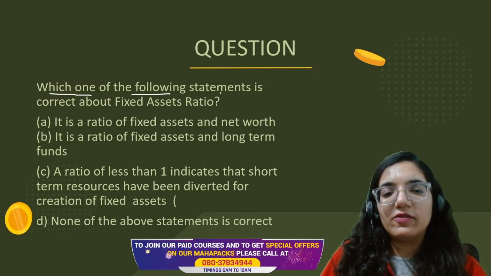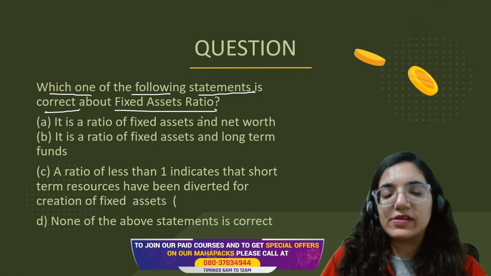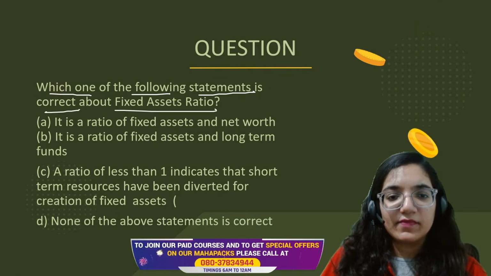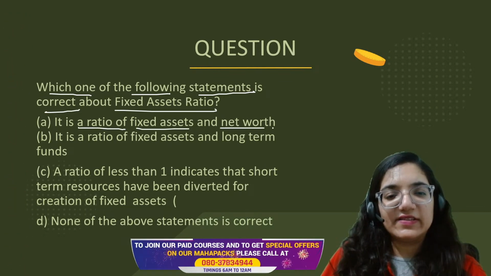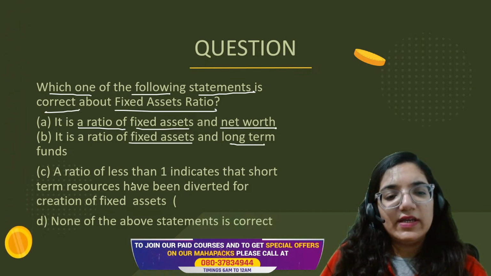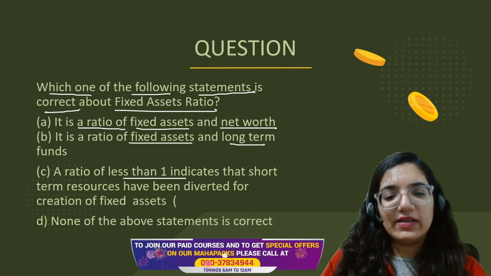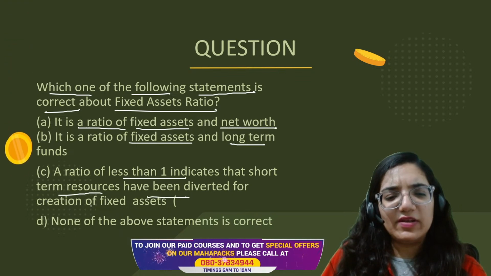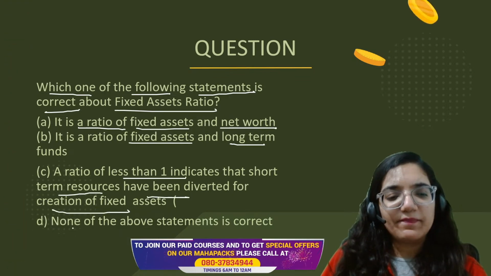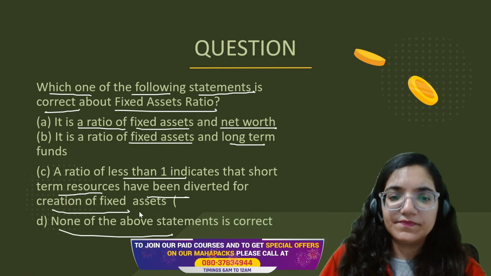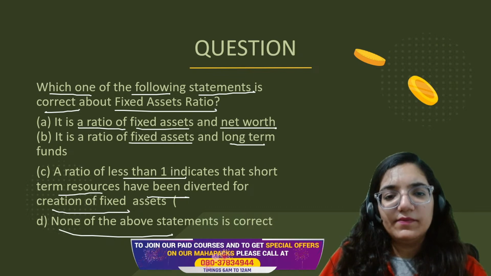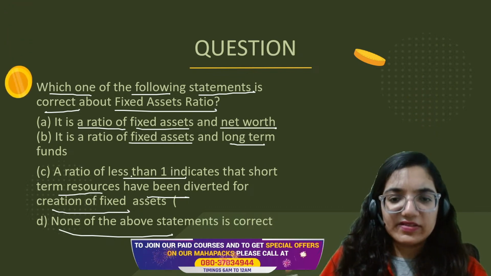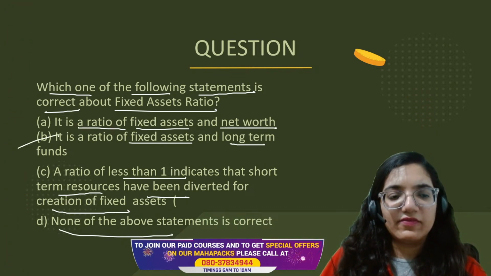Which one of the following statements is correct about fixed asset ratio? What's true, everyone? It is a ratio of fixed assets upon net worth, fixed assets upon long-term, a ratio less than 1 indicates that short-term resources have been diverted for fixed assets, or none of the above. There is only one thing correct, that is fixed assets divided by long-term funds.